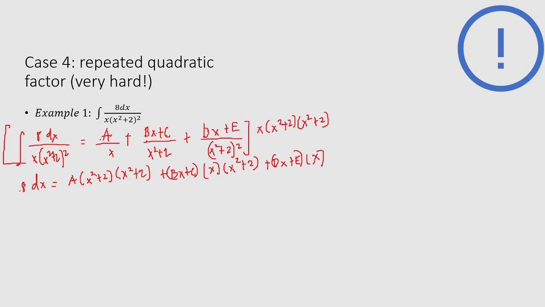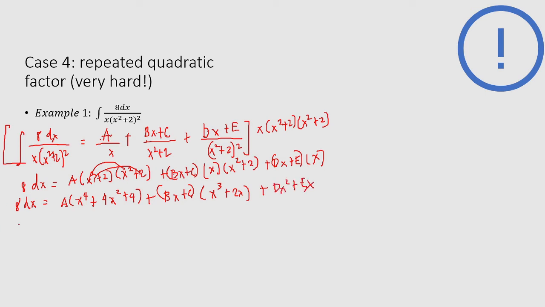So simplifying, that's 8 dx equals A times x to the 4 plus 2x squared plus 2x squared plus 4, plus Bx plus C times x cubed plus 2x, plus Dx squared plus Ex.